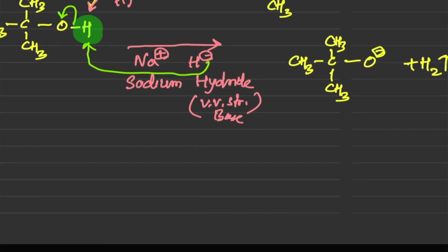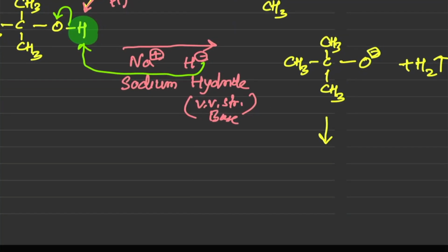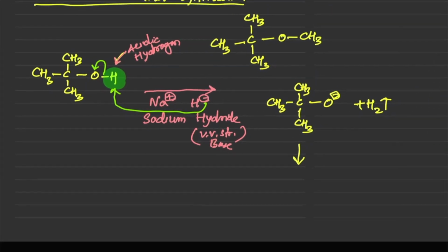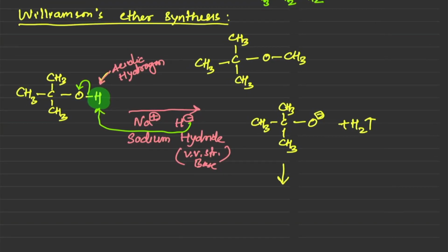Now this O minus would work on an alkyl halide, which is the same portion as this one here. If you notice on this side, there is a methyl group, right? So you want to have the same methyl group, but attached to a halogen with a good leaving group. We will use iodine. It works really well with iodine. So now this can have an SN2 attack.